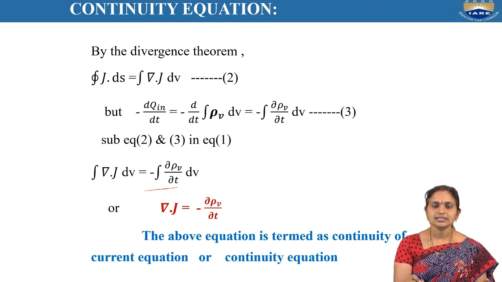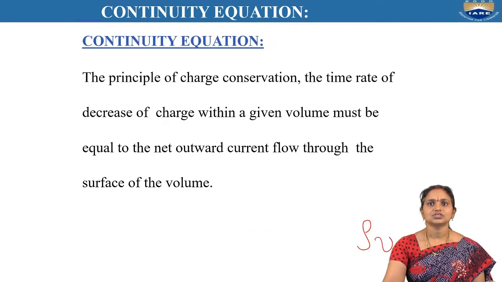To get this equation, the basic idea is the principle of charge conservation. If you want to recollect this continuity equation, you have to state that the basic principle behind it is the law of charge conservation. From that law, what we can understand is that the charge is changing its form like current.